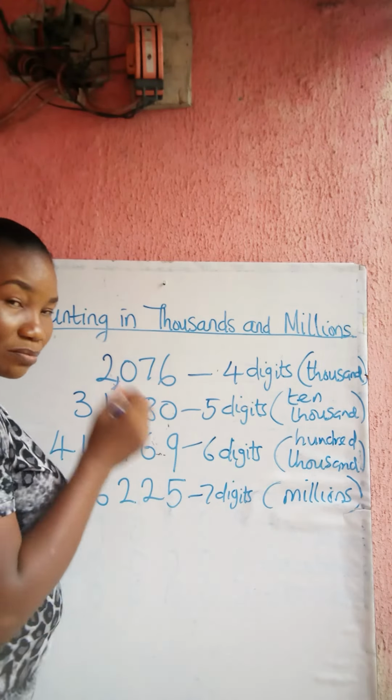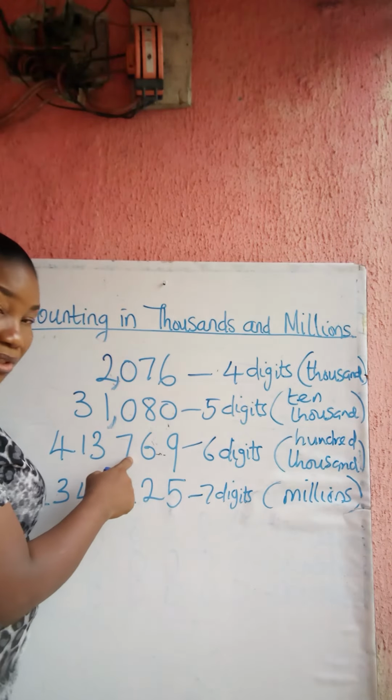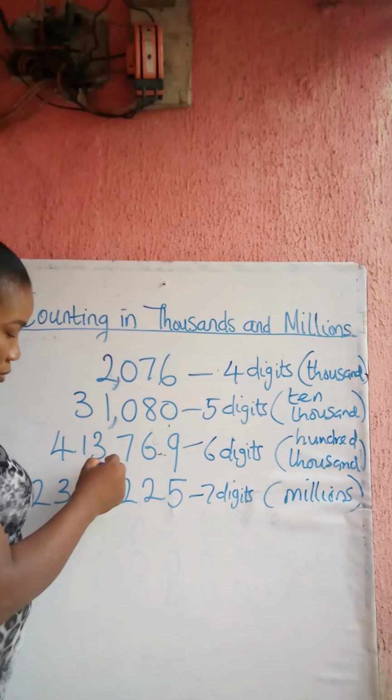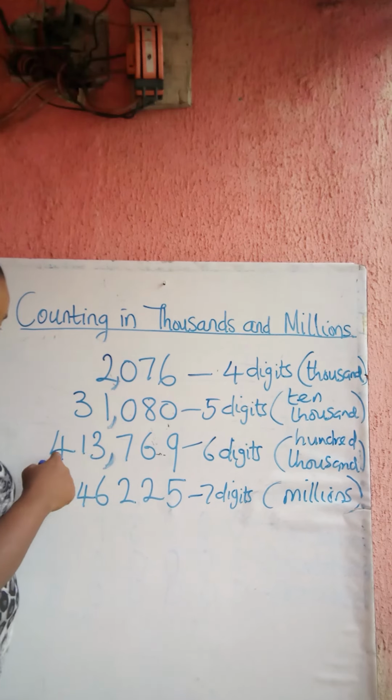Let's go to the third number and do the grouping. Beginning from the unit side, like I said, 1, 2, 3. You put your comma, then we have 1, 2, 3.